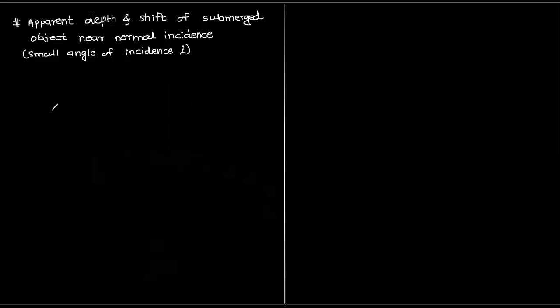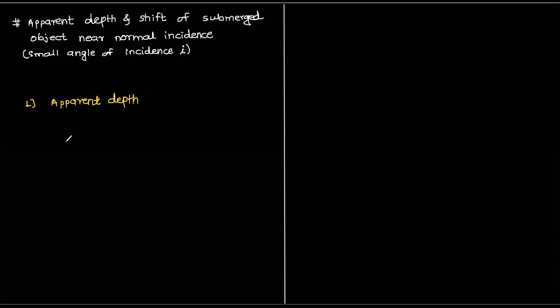So first of all, apparent depth. First one is apparent depth. d dash is equal to real depth divided by n relative.